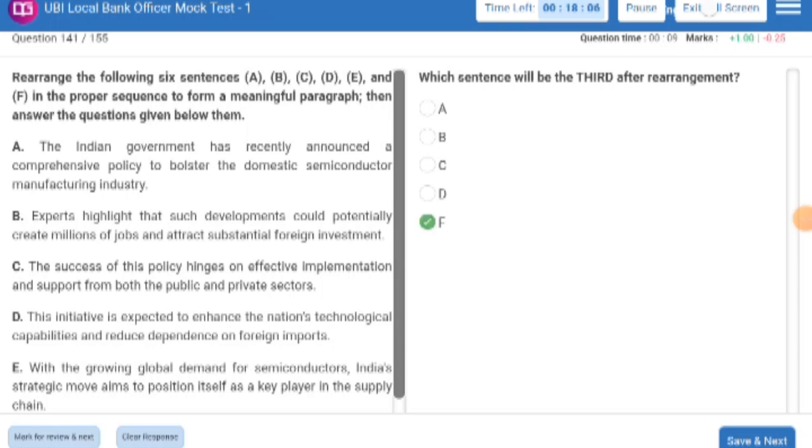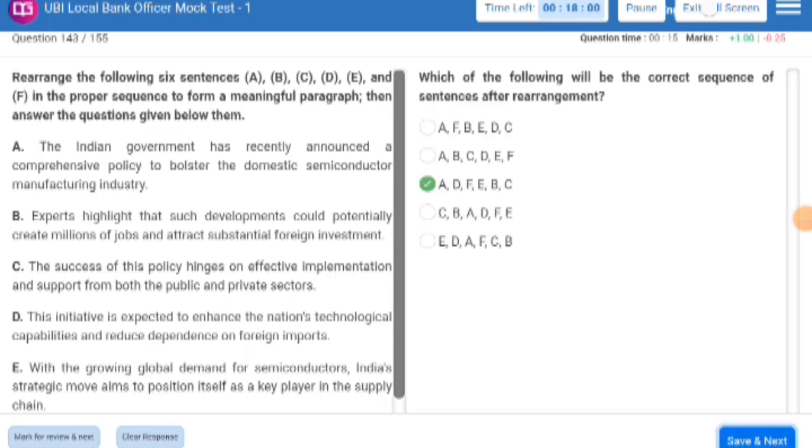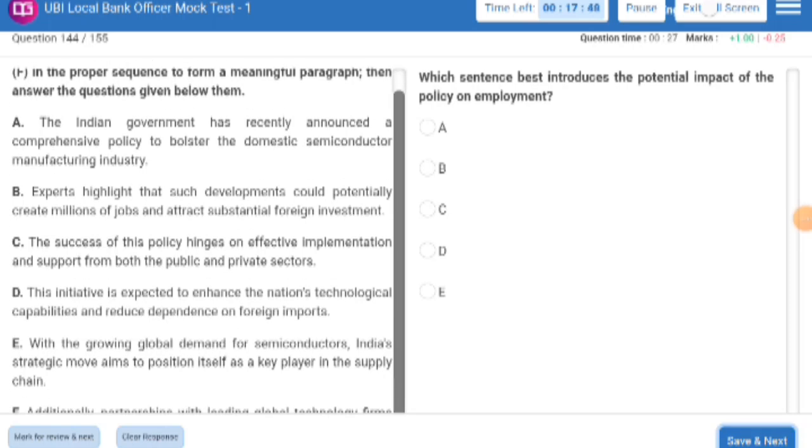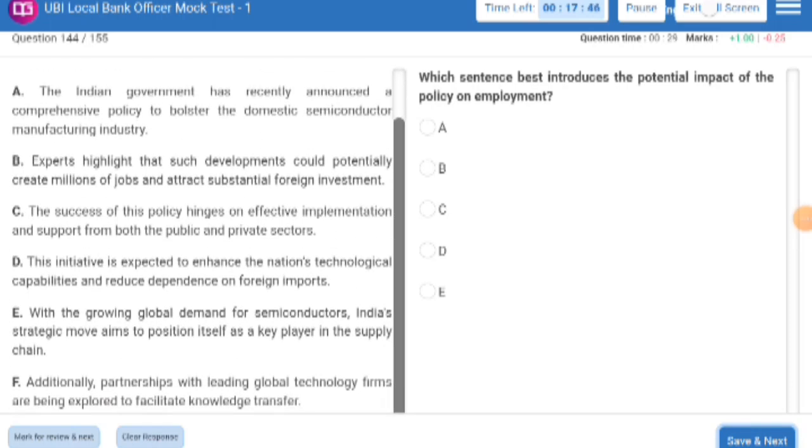So ADFE. Which sentence best introduces the potential impact of the policy on employment? B.